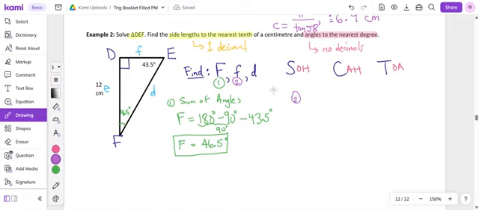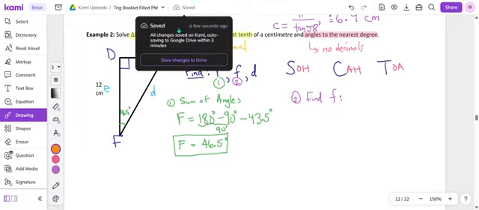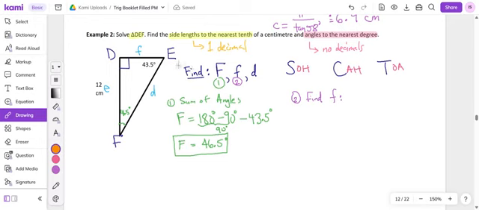In order to find side f, let's write this down. Find f. We need to label the triangle. Let's label it using one of the angles. I'm going to use the angle that has been originally given. So I'll make angle E the point of reference.